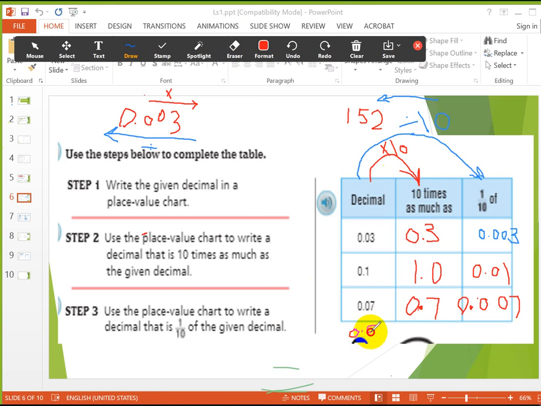0.5, okay? I want the number that is 10 times as much as this number. That means I have to multiply the decimal number by 10. That means I have to move the decimal point to the right side just one digit. Thank you, Larissa. Your answer is correct.